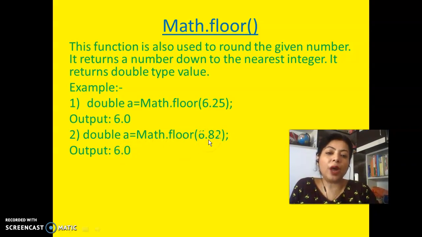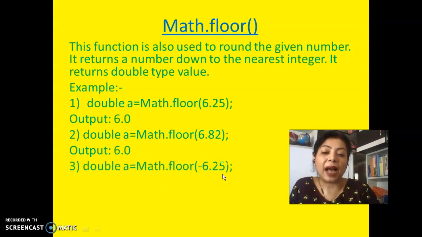Whatever you have after the point, don't increase the value, because floor means down. So you follow the rule of down and make it down. That means 6.8 also becomes 6.